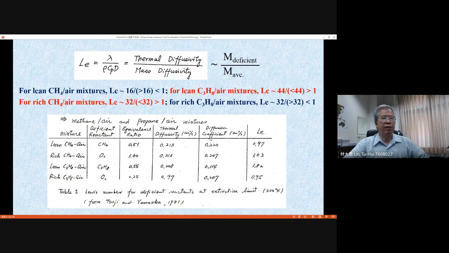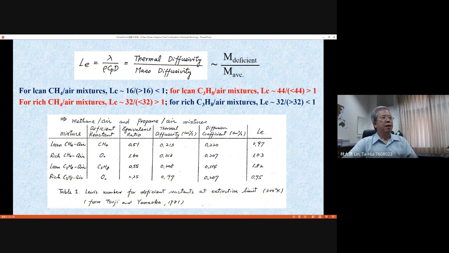Those values can be found from real data, and the Lewis number values are listed exactly, but we just use some estimation to evaluate approximately and do some comparison.